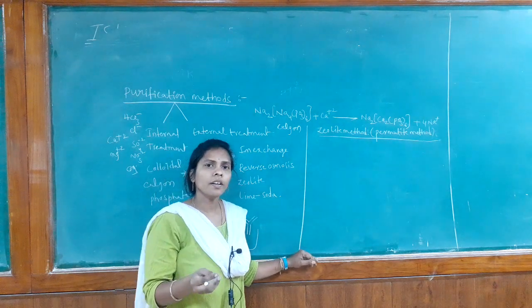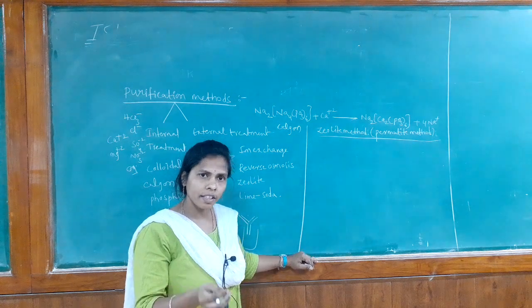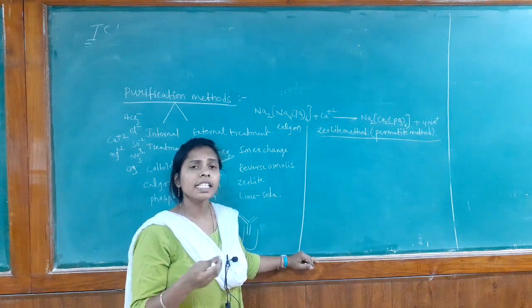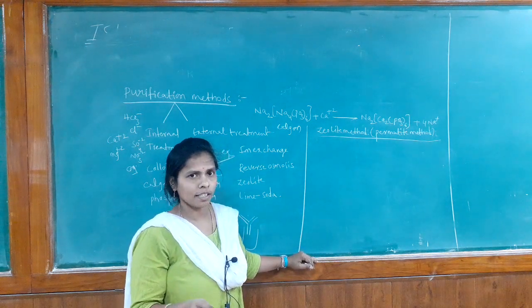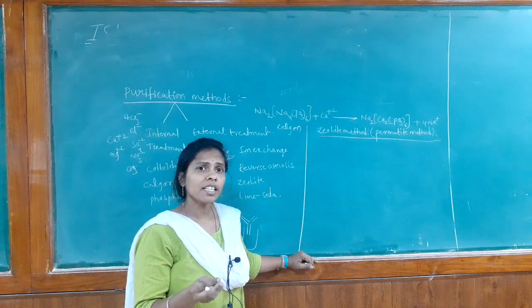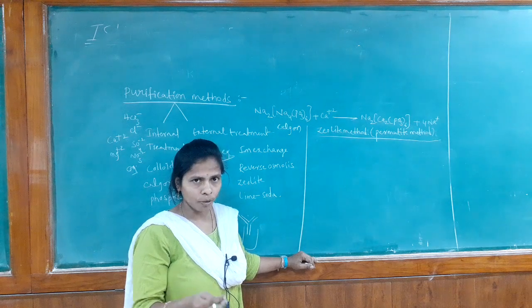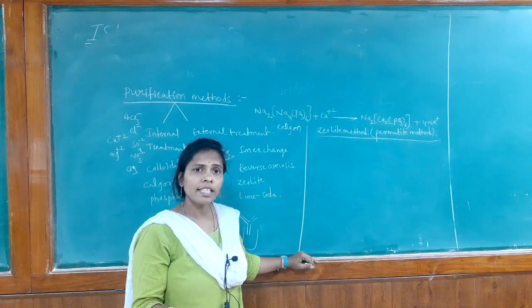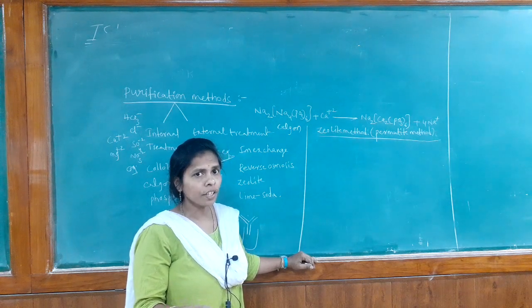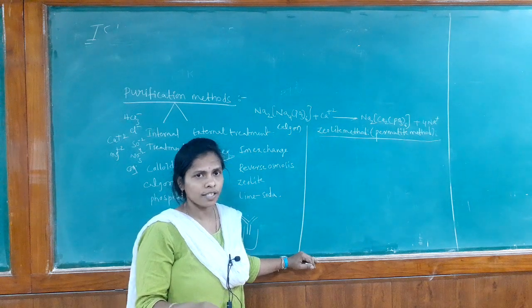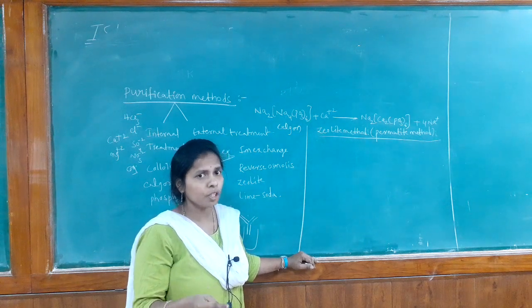So the natural zeolite has a non-porous structure and synthetic zeolite has a porous structure. The natural zeolite does not have enough capacity to remove all the cations, whereas the synthetic zeolite removes all the hardness causing ions, that means calcium plus 2 and magnesium plus 2 ions in the water sample.